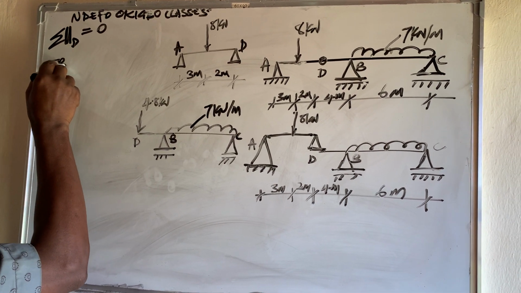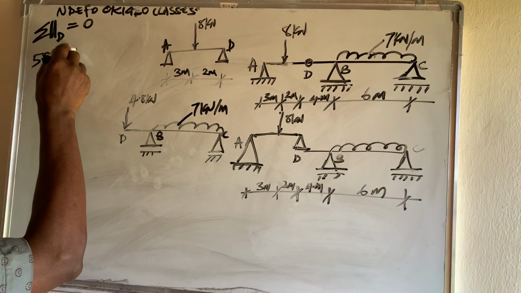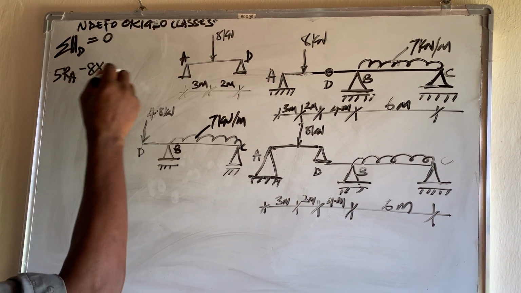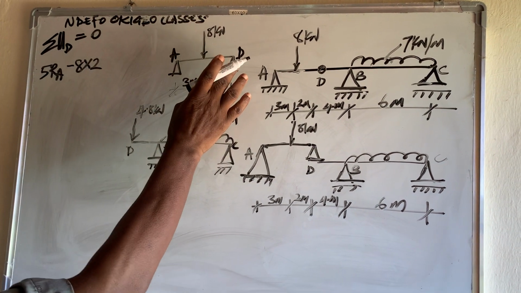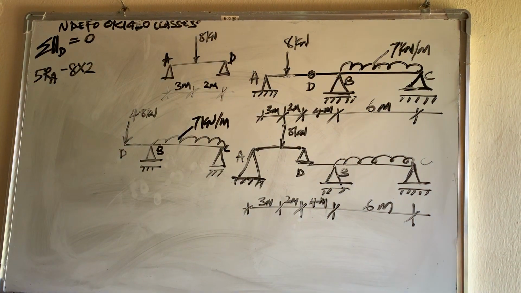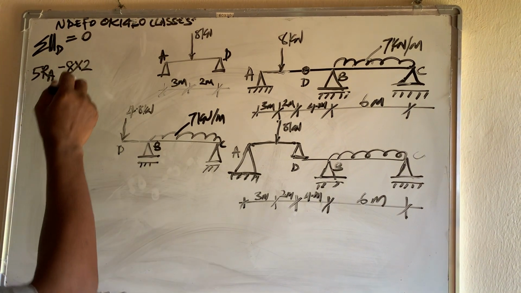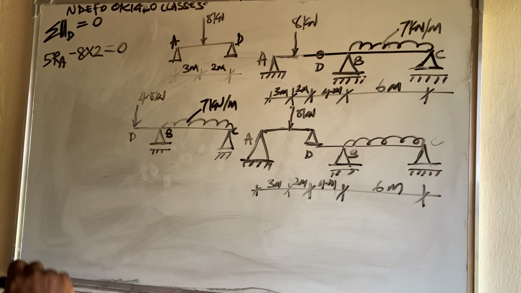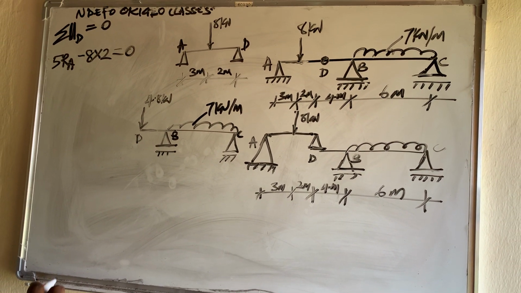So 5 RA this way, minus 8. 8 is the load times 2. That's the distance from the load to D. There's no other load. The reaction at D will not generate moment at this point because of 0 distance. So total moment at point D is equal to 0.